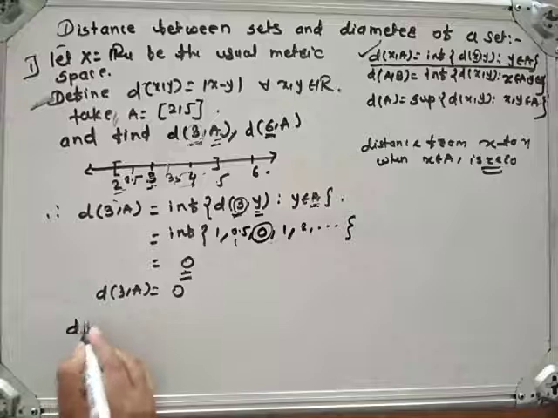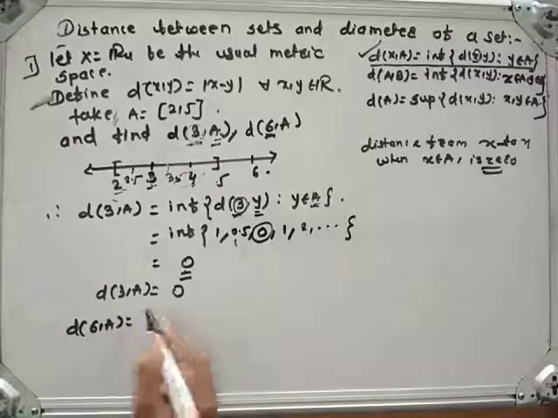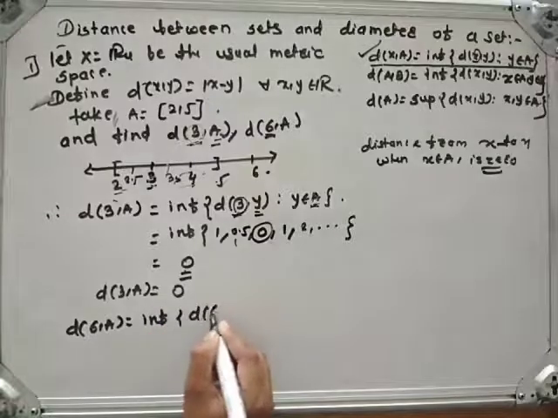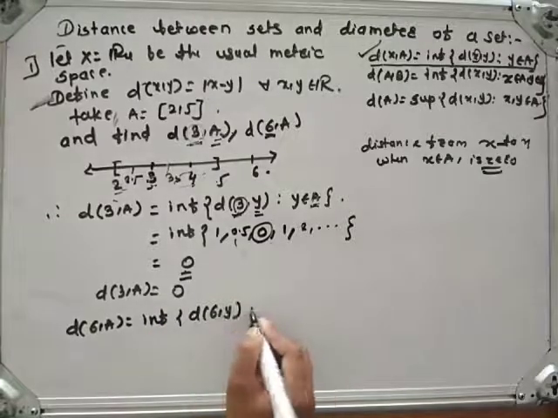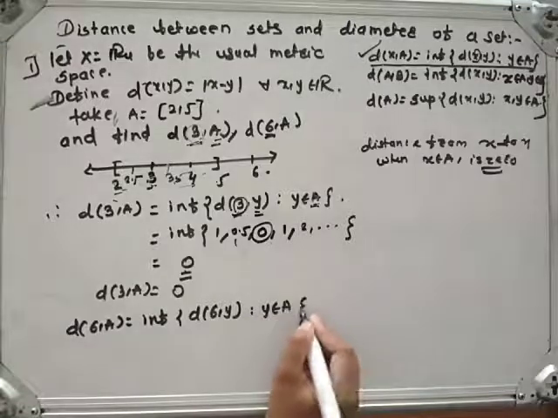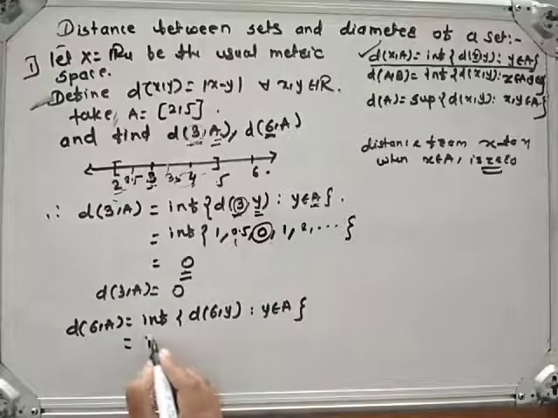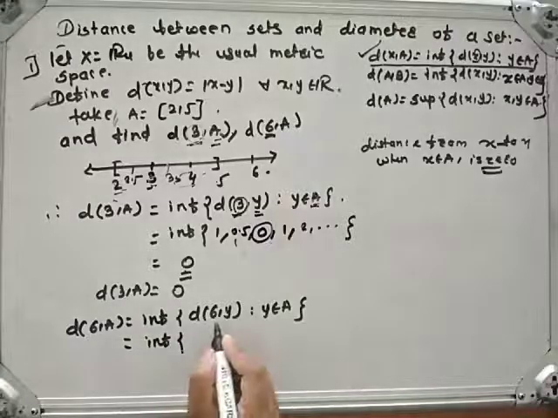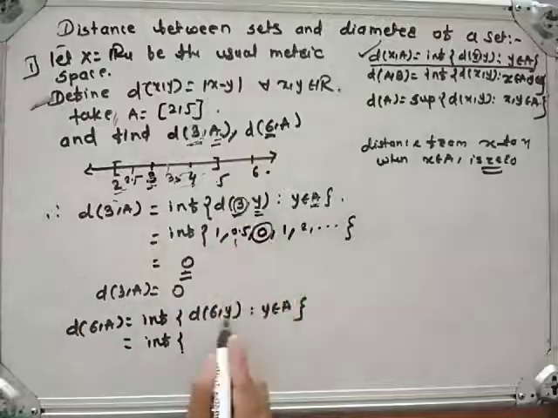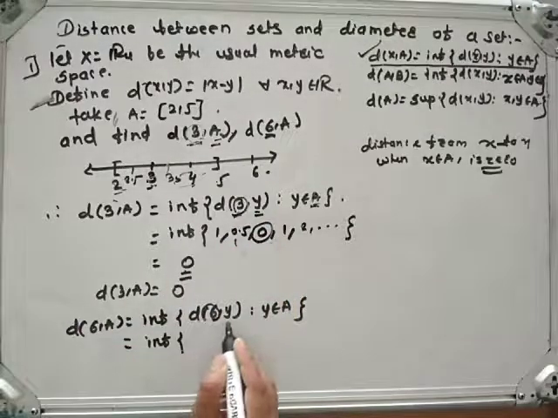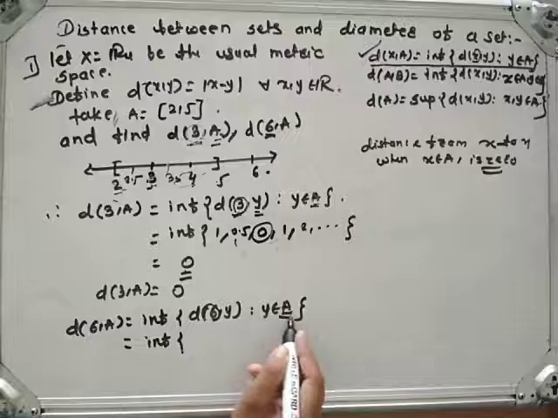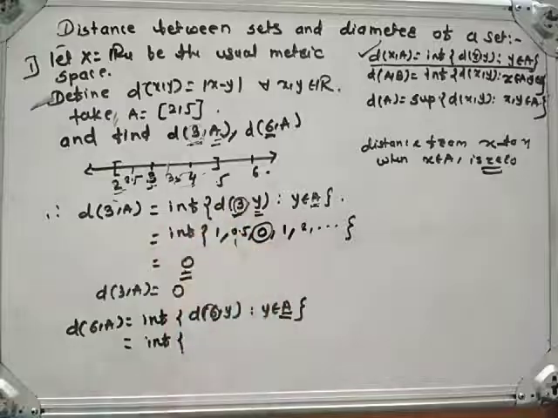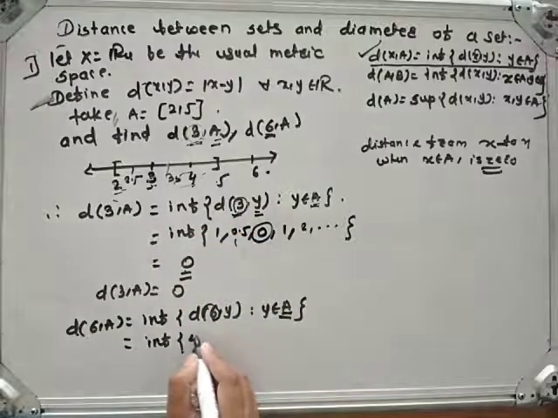Again, go by the definition. d(6, A) = inf{d(6, y) : y belongs to A}. See here, we have to find the distance of the point 6 from the set A. The distance of 6 from 2 is 4.